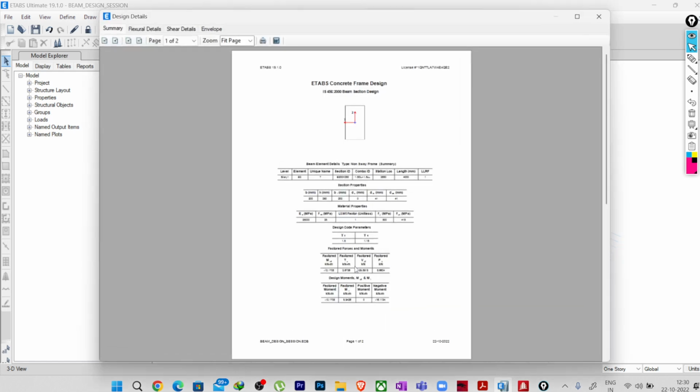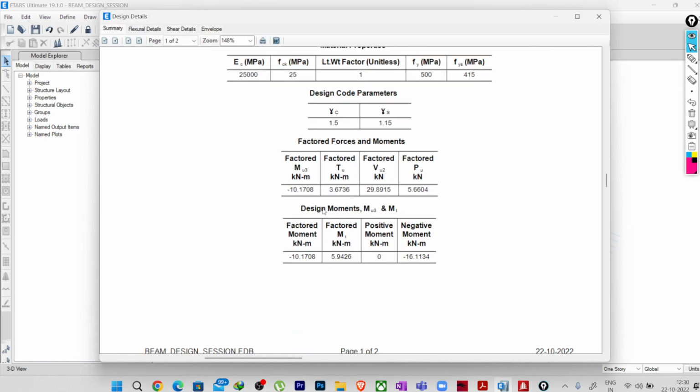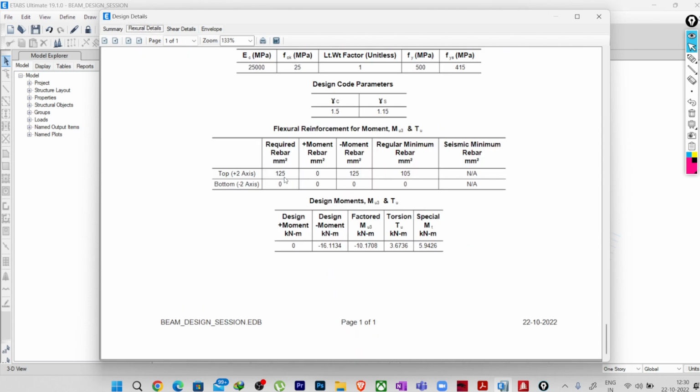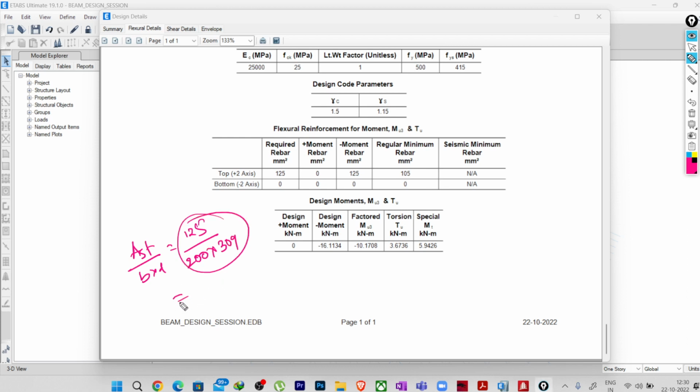So if I see here maximum shear, and if you see the flexural design here, at the top it is 125 mm square. So how can we find AST by BD? 125 divided by 200 multiplied by 309. Okay, tell me what is the percentage of reinforcement you are getting, multiplied by 100.